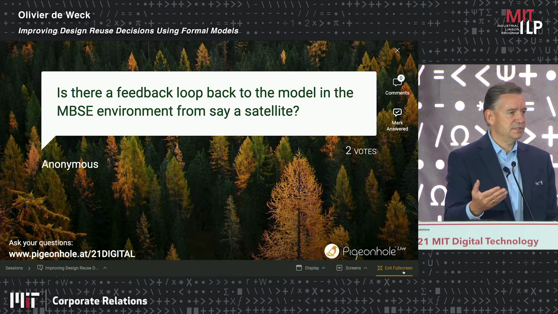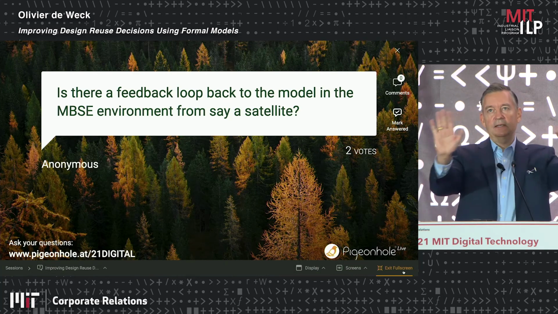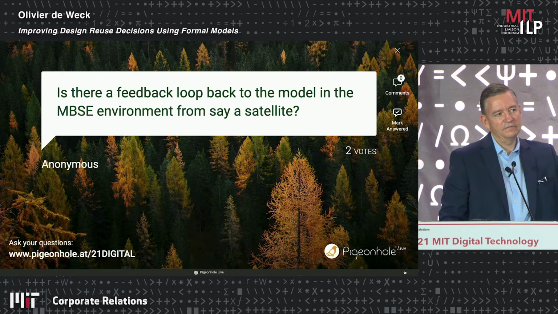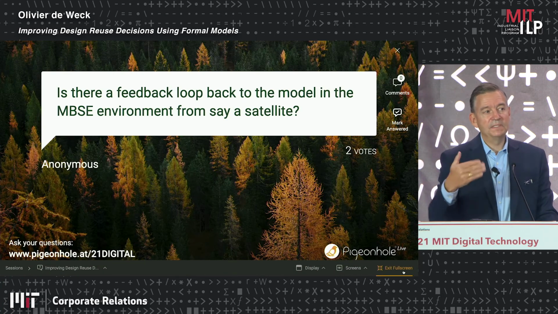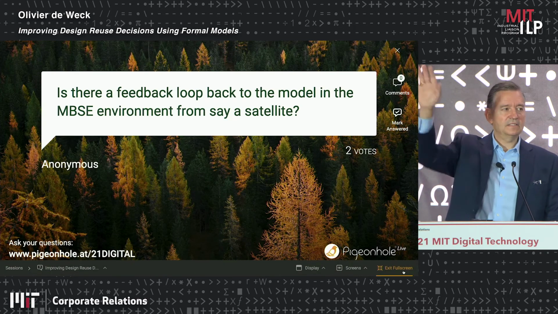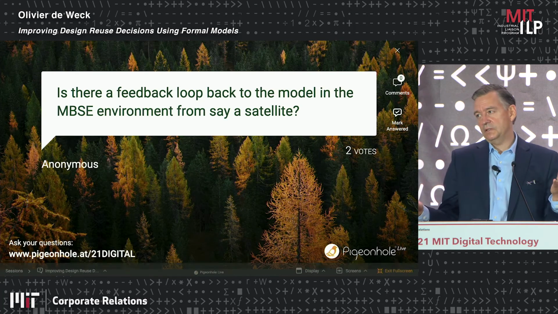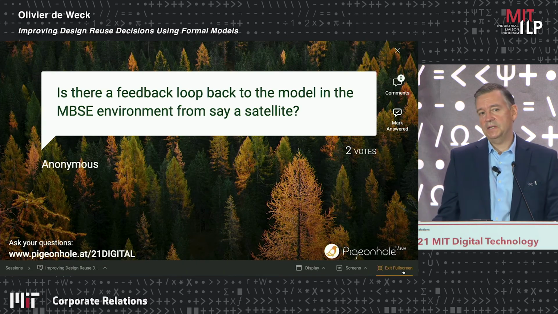After you launch your satellite, that telemetry shouldn't just be downloaded, looked at on a screen and archived, but it should feed back and update your model. If you do that well, you have your physical satellite in space, and then you have your digital twin, which, we talked about the Mars rovers. That's what JPL does.